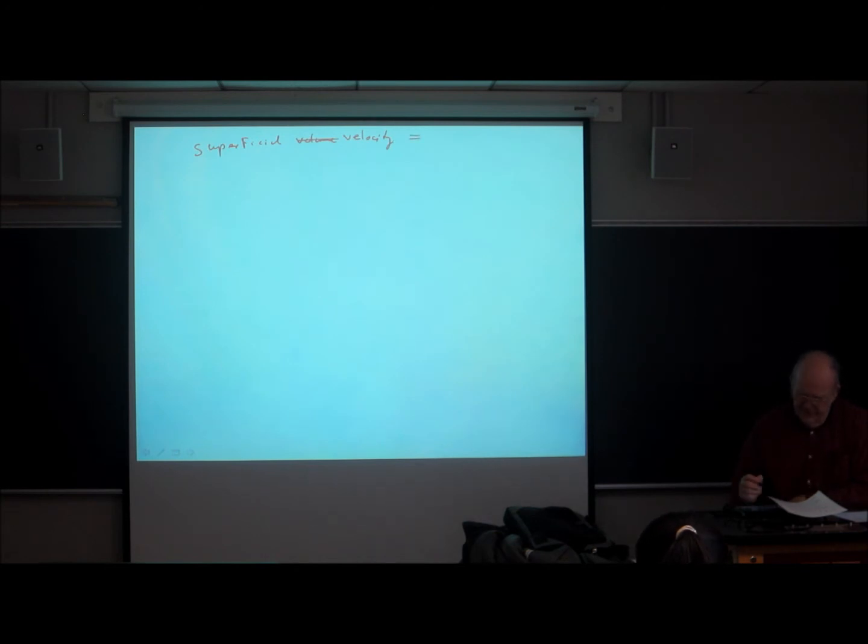The superficial velocity is just the volume of the unpacked bed, of the unpacked tube, divided by the flow rate. The nice thing about the superficial velocity is it's related to two things that are really easy to measure. The volume of the tube, if it's a cylinder, is pi r squared L. The flow rate is the volumetric flow rate. It's easy to measure.